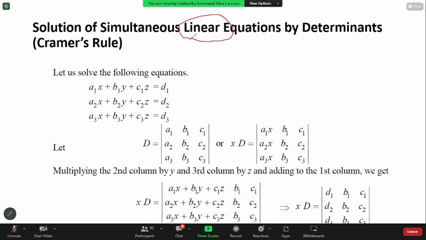When the degree of an equation is 1, we call it a linear equation. Only if you have a set of linear equations will you be able to use Cramer's rule to find the unknown constants or variables.